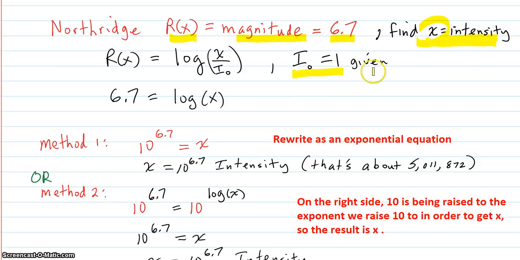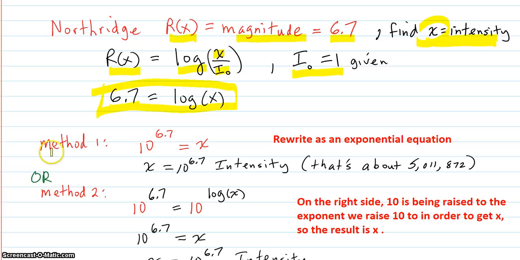I0 equals 1 was given. So the Richter scale magnitude is log of the intensity over that 1. So x over 1 is just x. So we plug in the magnitude as 6.7 and we get our equation. Now we got to solve this equation.